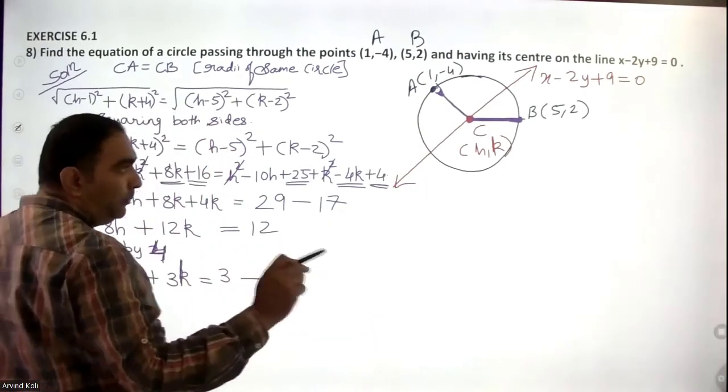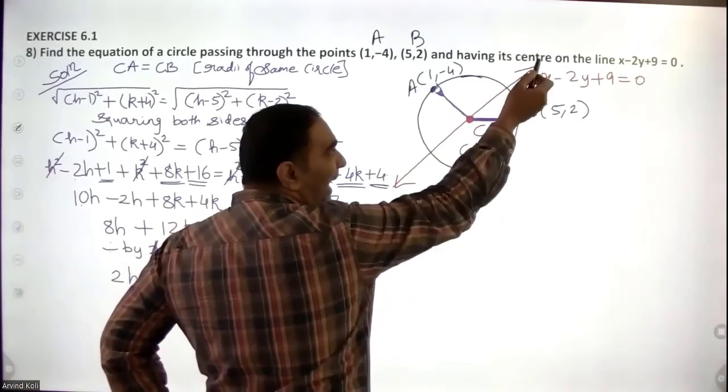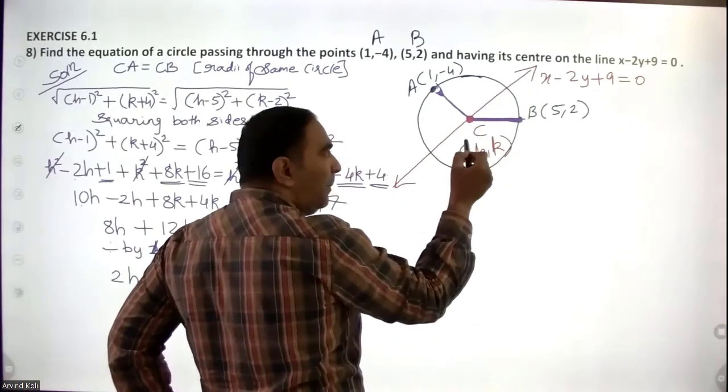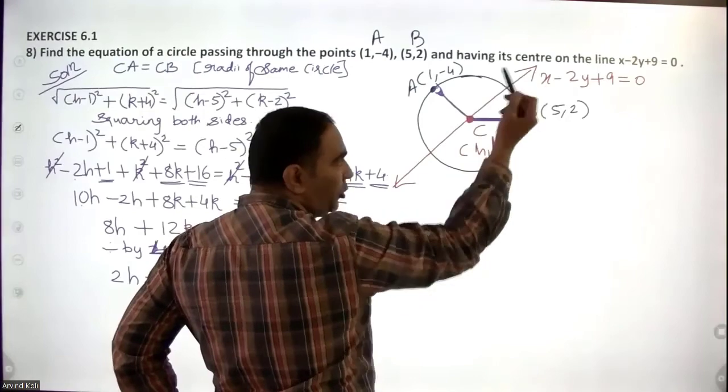Students, if you look carefully, one equation is already given to us, right? Now, h comma k lies on the line. When a point lies on the line, it satisfies the equation of the line.